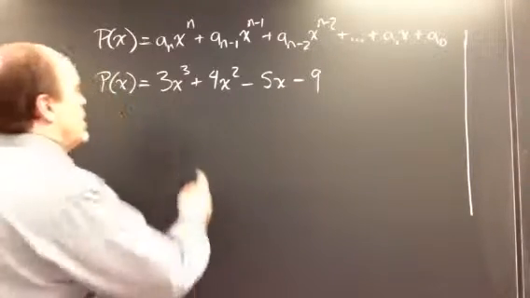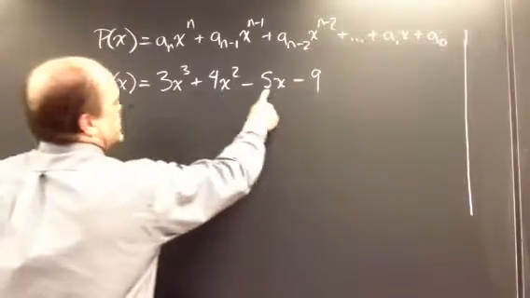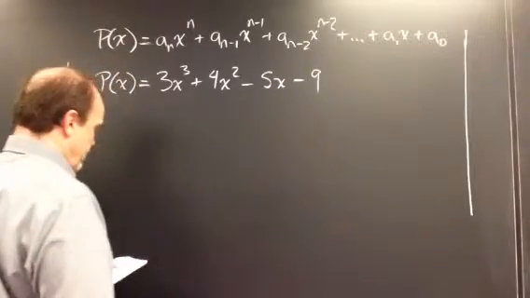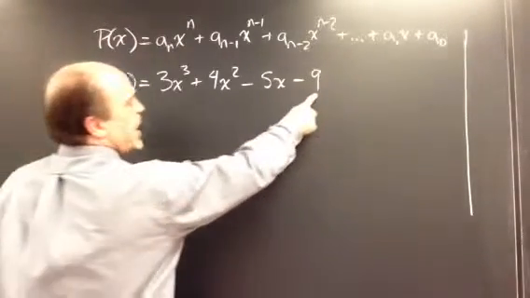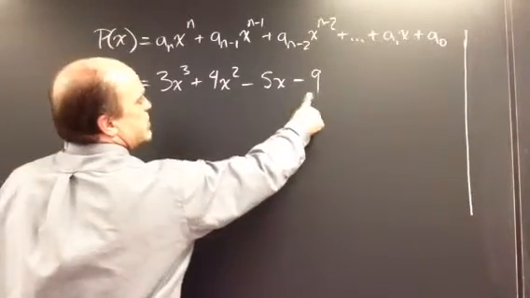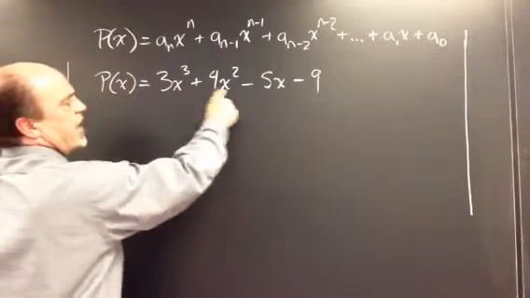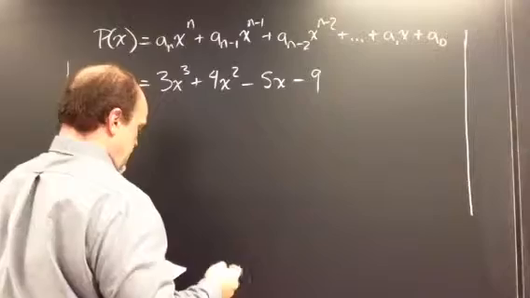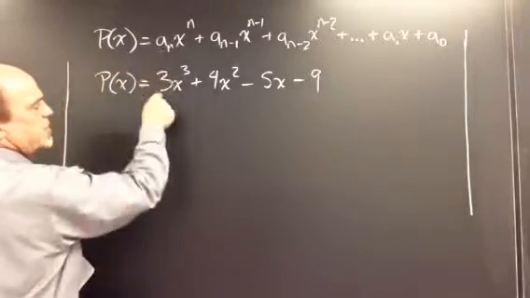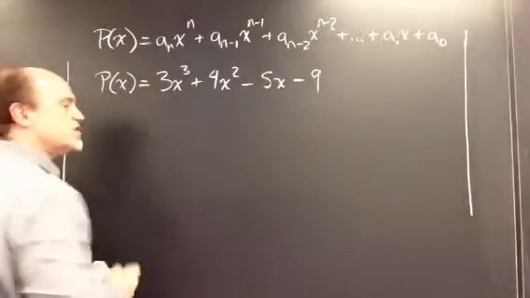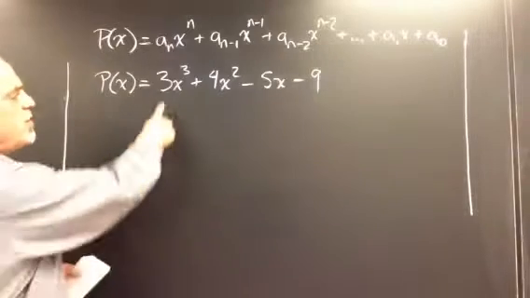So in terms of some of the vocabulary, some of the words that we use to describe this, these are called the coefficients. You've heard that before. This is the constant term for the polynomial. Regardless of the value of x, we'll always have a 9 there at the end. This first coefficient, that's referred to as the leading coefficient.